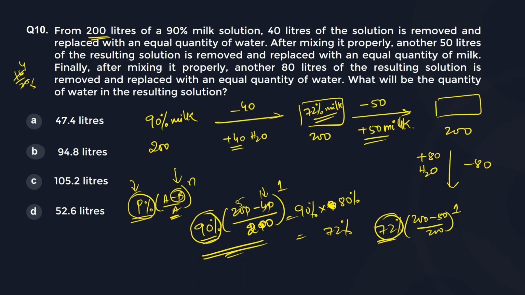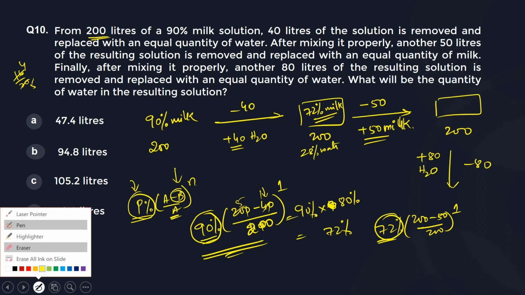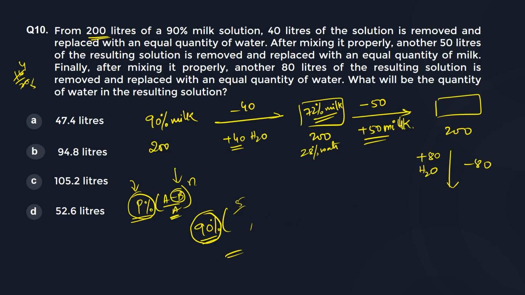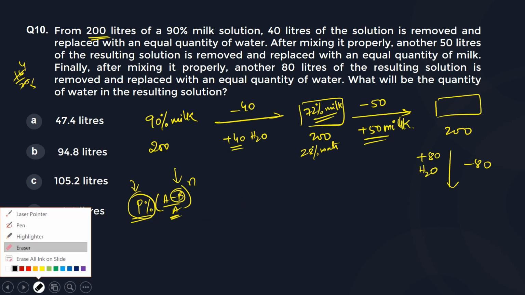So then what I will do is I will write this 72% milk as 28% water. So I will just flip the formula around and write it in terms of water. Now, if I take it in terms of water, when pure milk is added, milk will not contain any water. That's what we assume. So I can now apply the formula.